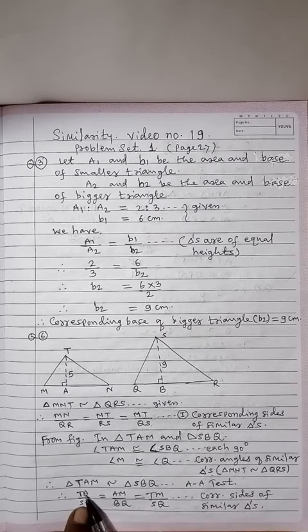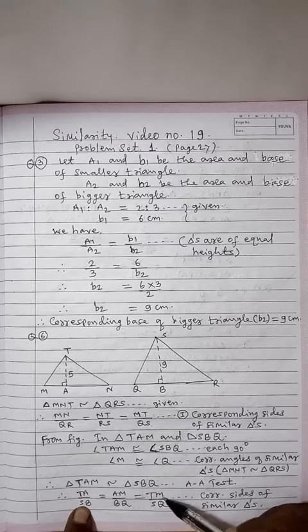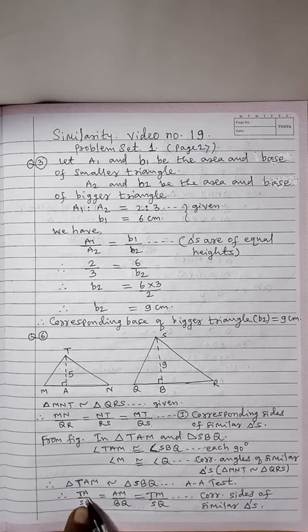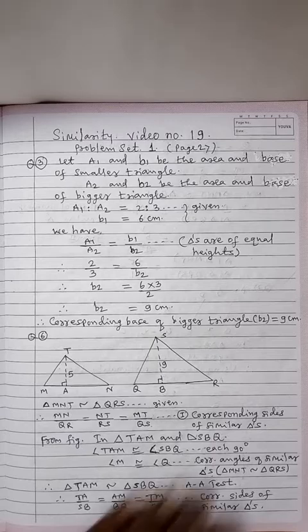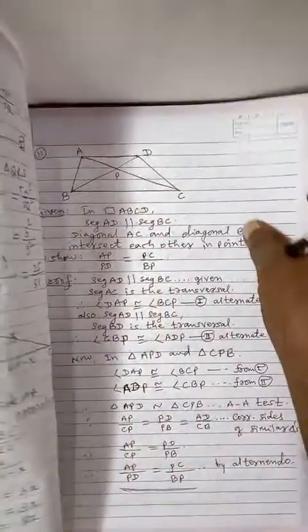Here TA is 5 and SB is 9. To find the ratio of the areas of these two similar triangles, we know the ratio of the corresponding sides. So here TM and SQ is the ratio of corresponding sides. So TM upon SQ is equal to 5 upon 9.